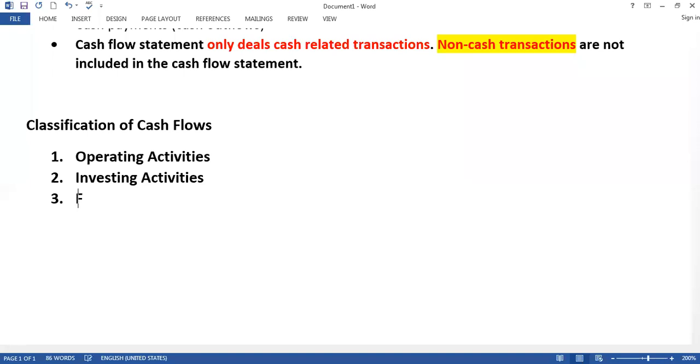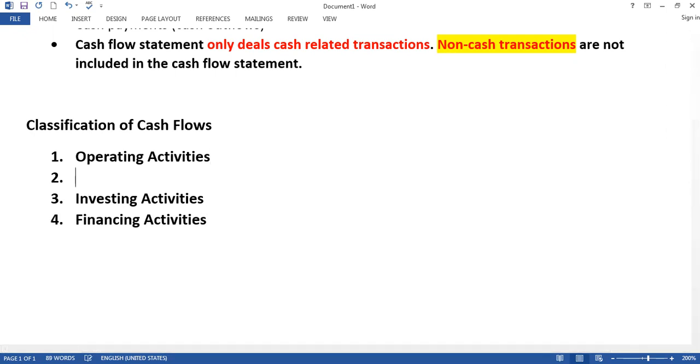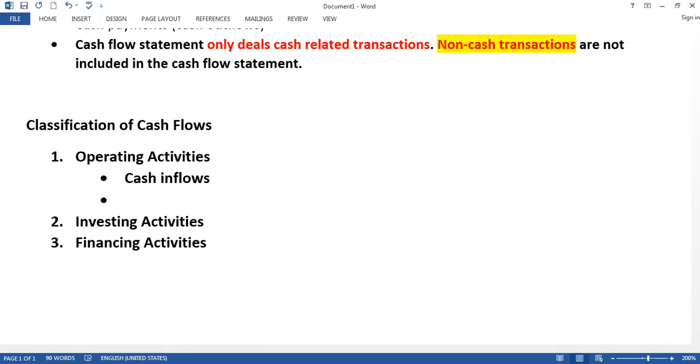And the third one is called financing activities. So this cash flow statement is classified into three groups: operating activities, investing activities, and financing activities. So in every activity we have cash inflows and cash outflows.